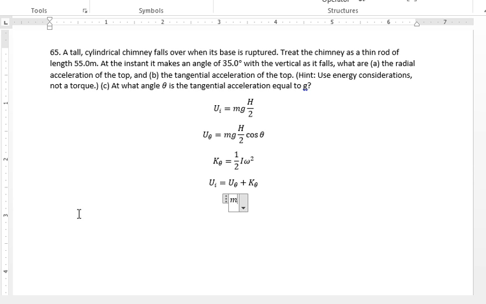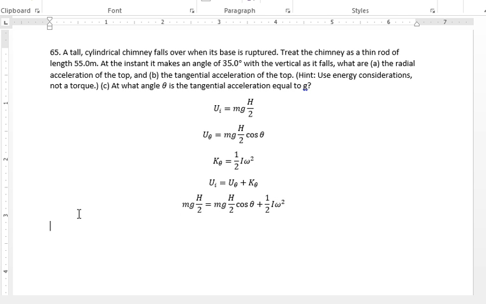So we've got mg h over 2 equals mg h over 2 cosine theta plus 1/2 I omega squared.